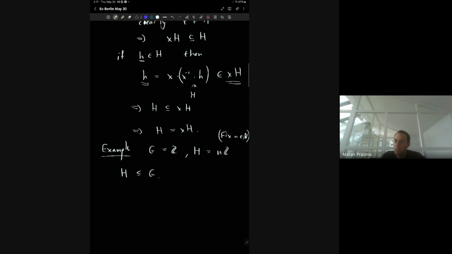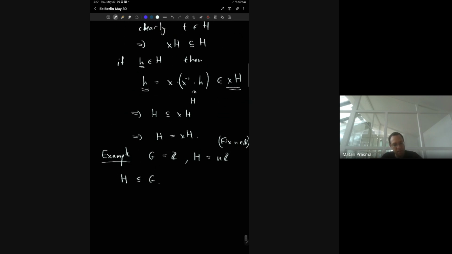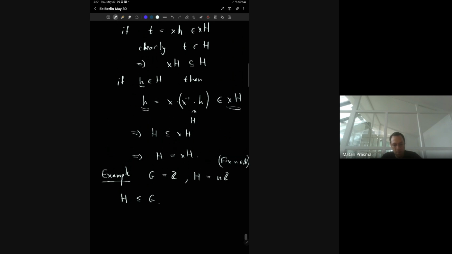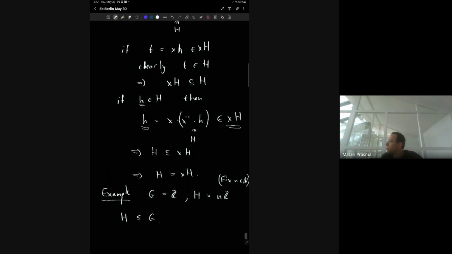What is the coset? Remember the way I wrote left cosets, I wrote it with multiplication because our notational convention for a general group is that we use multiplication as the binary operation. But here, in this example, the binary operation is plus.